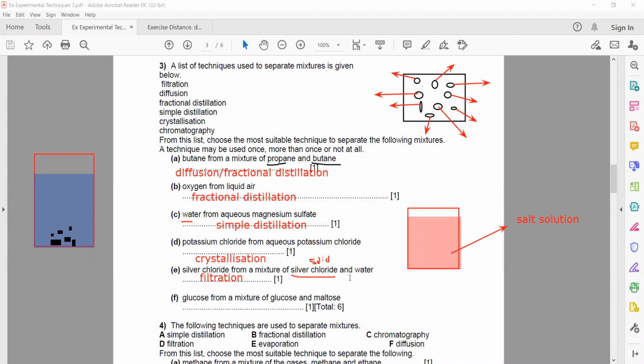And glucose from a mixture of glucose and maltose. For identifying if it is a dissolved one, you can mention chromatography.